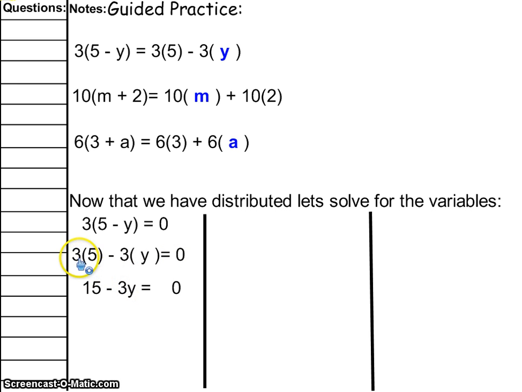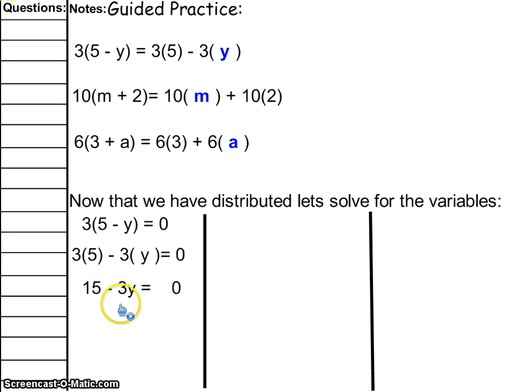Solve for the multiplication. 3 times 5 is 15 minus 3 times y is 3y equals 0. And since we have a negative 3y, I don't want my variable to be negative. So I'm going to move this to the other side of my equal sign so that I can make it positive.